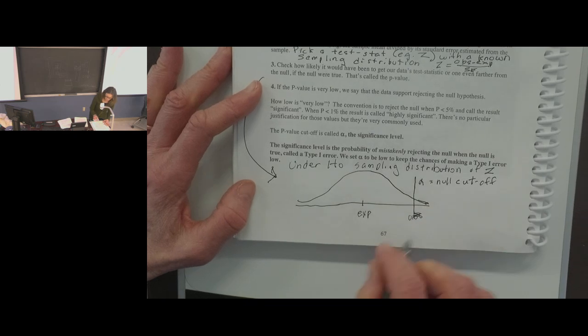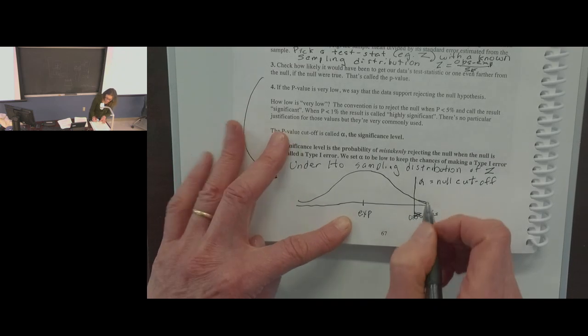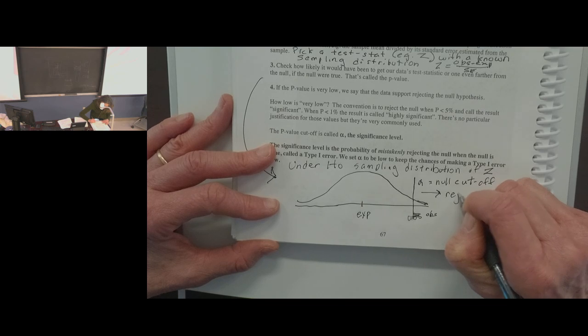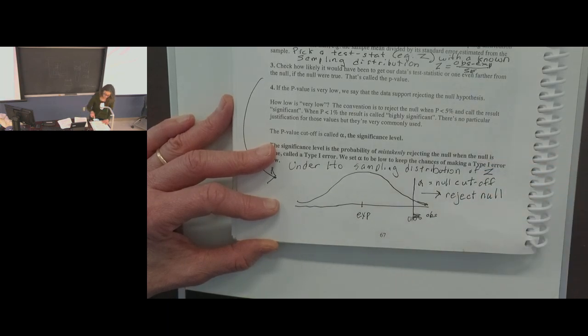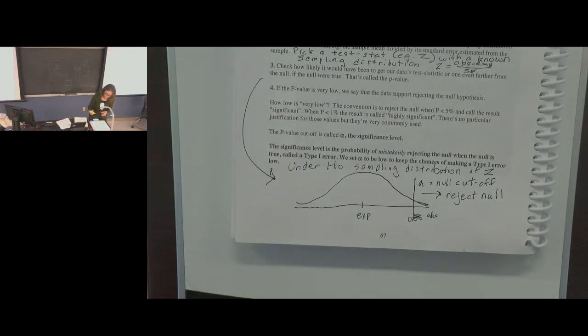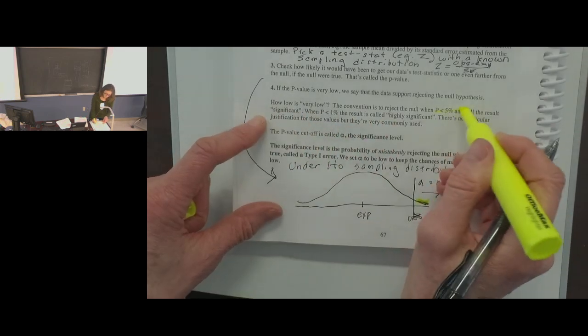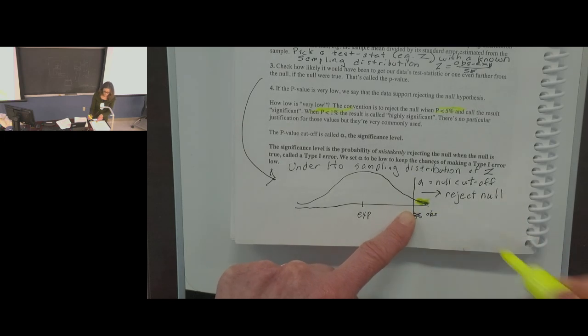If your observed is way out here, too far out, you reject the null. You say it's not just due to the luck of the draw. This area is generally set at 5%. That's sort of a convention. You can set it at anything you want, but generally this area is 5%.